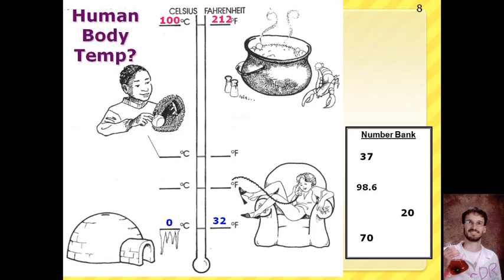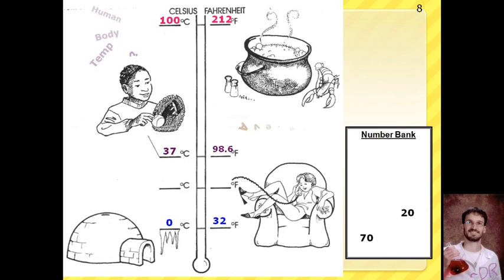Did you pick this one? So 37 degrees Celsius is human body temperature. So if your thermometer reads 37, then you are perfectly fine. If it reads 40, you have a very significant fever. That would be like a pretty bad fever.